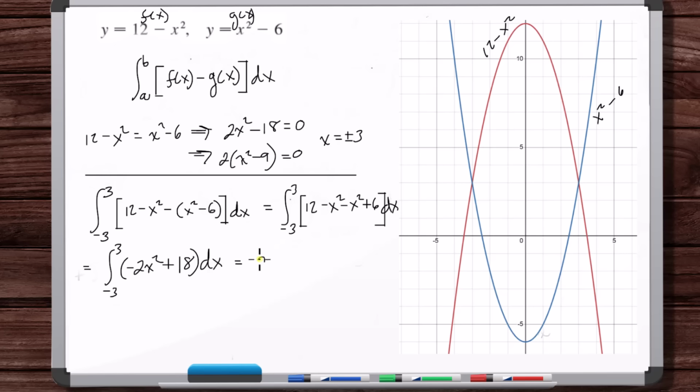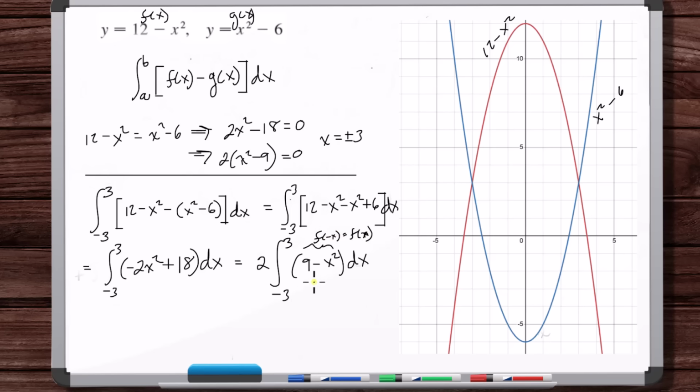So we can factor out a 2. Now if we look at this definite integral here, if you replace x with minus x, you get the same function, right? So in this case f of minus x is equal to f of x.